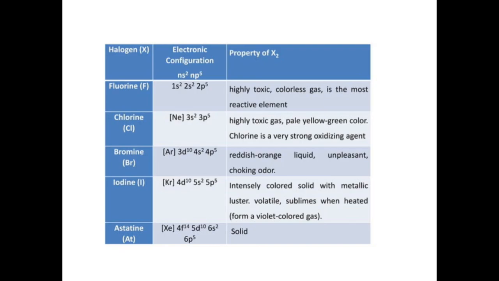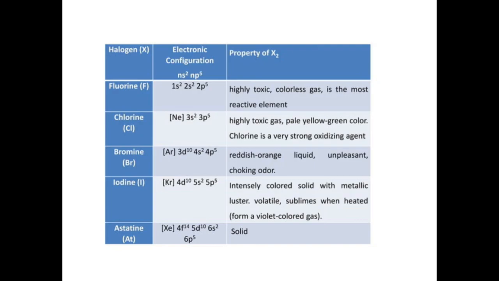Okay, so quickly let's look at some other key properties of the halogen family. For instance, fluorine. This is the electronic configuration we were talking about. You can study the electronic configuration here. Fluorine is a highly toxic, colorless gas, and of course is the most reactive element there. Chlorine is also a highly toxic gas, a pale yellow-green color, and is a very good oxidizing agent.